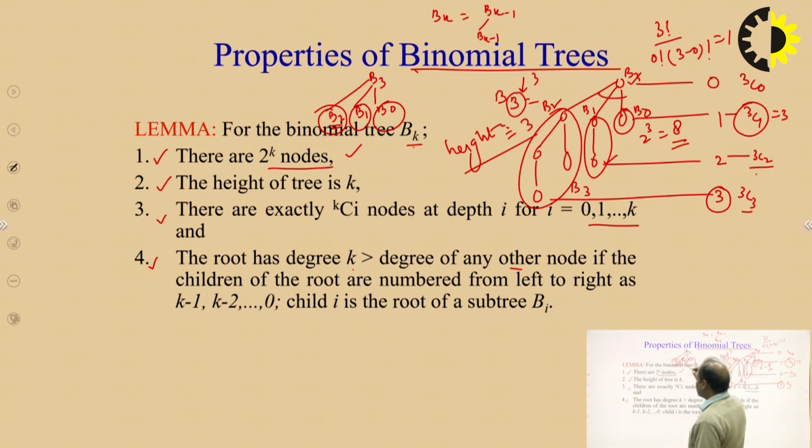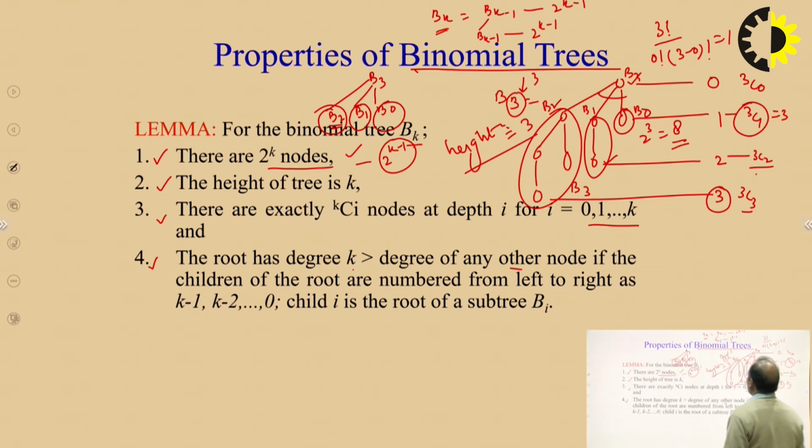That means there are exactly 2 to the power k minus 1 nodes in Bk minus 1. And this is also 2 to the power k minus 1. So if you add this together, this is 2 to the power k.